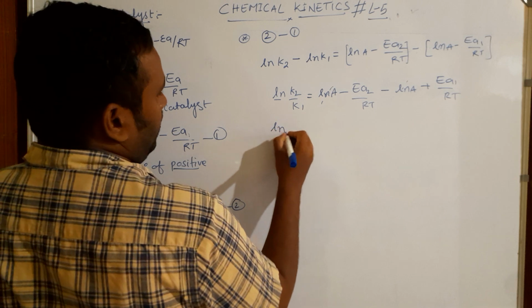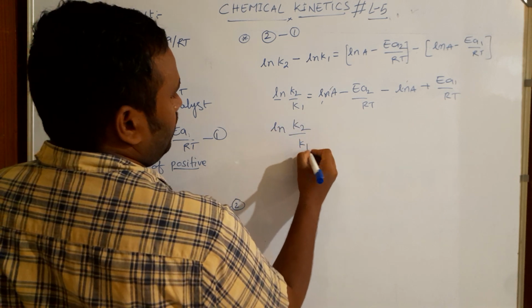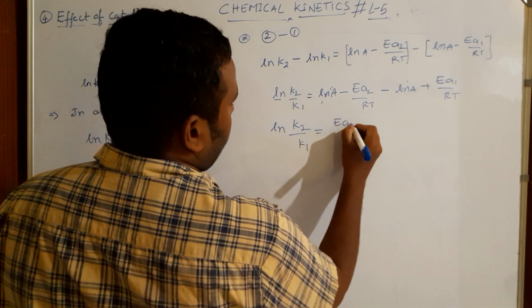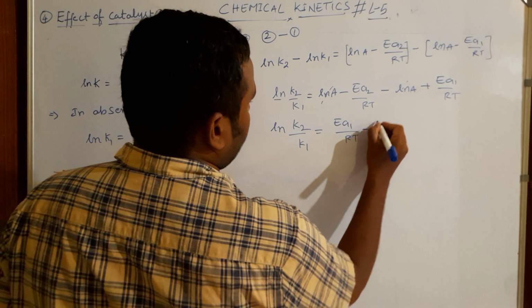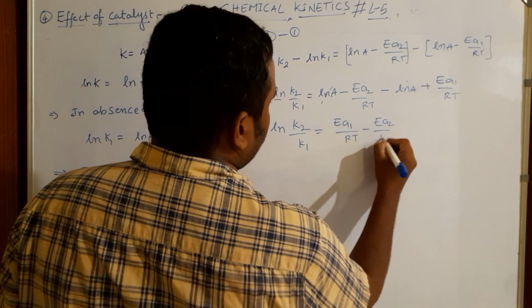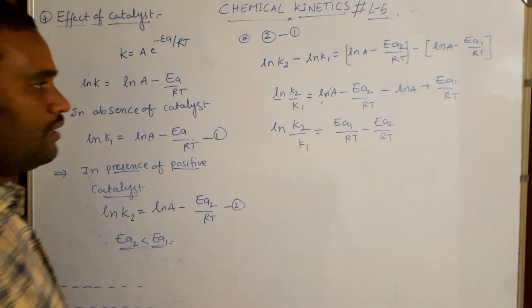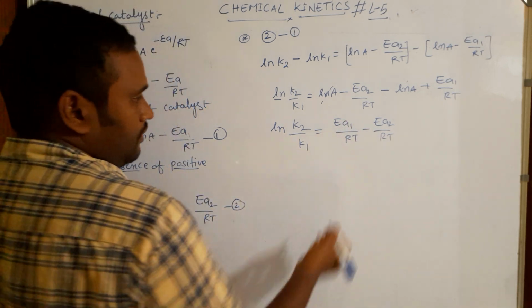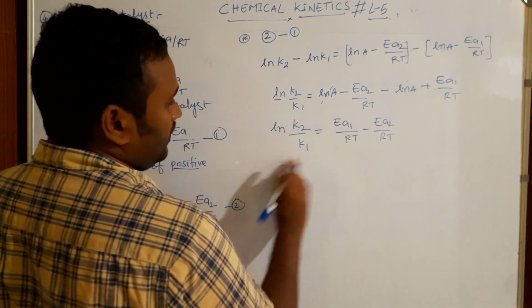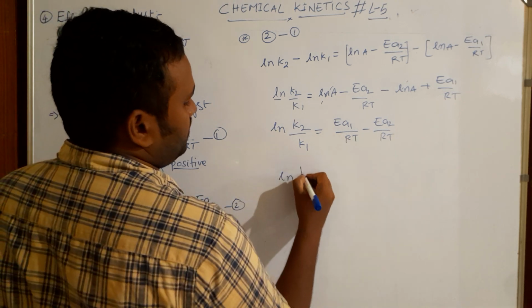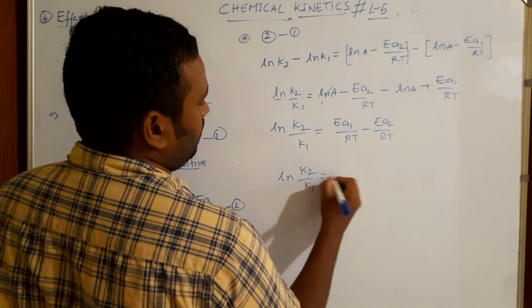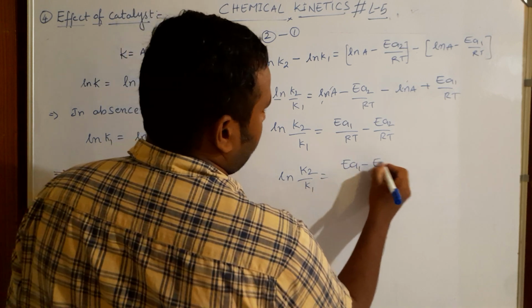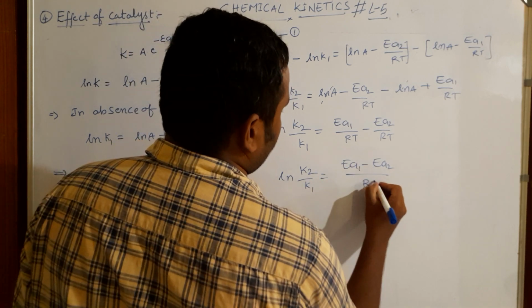So ln K2 by K1 is equal to EA1 by RT minus EA2 by RT. The denominators are the same, so ln K2 by K1 is equal to EA1 minus EA2 by RT.